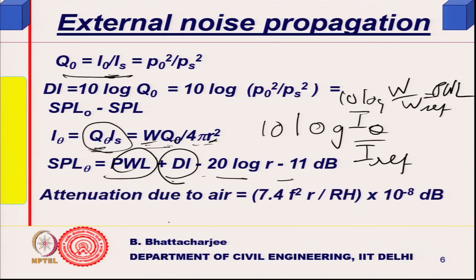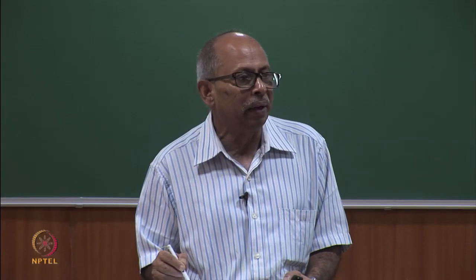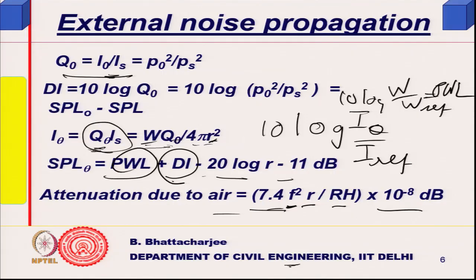So, with distance attenuation of air, of course, we said it is 7.4 f square, a function of frequency and relative humidity, times 10 to the power minus 8. At low frequency this has very little effect, at higher frequency it will have some effect. Supposing the frequency is something like 100 hertz, 100 square would mean 10 to the power 4, and this is 10 to the power minus 8.